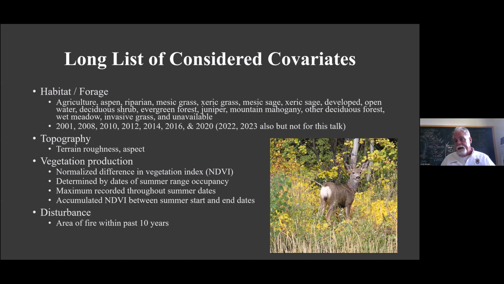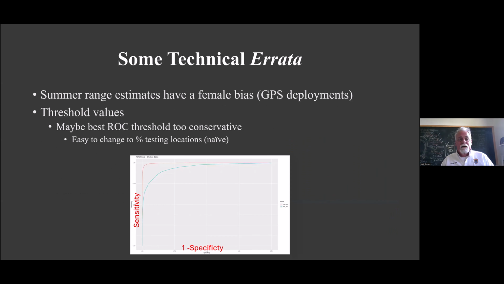We measure NDVI, both the maximum that was recorded at a pixel as well as what accumulated across those summer dates. And those summer dates aren't chosen by us, but they're chosen by the mule deer, from this analysis of when they're moving about. And then as well as the disturbances that have occurred.